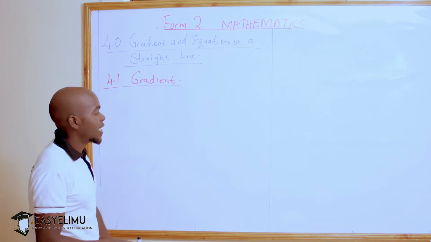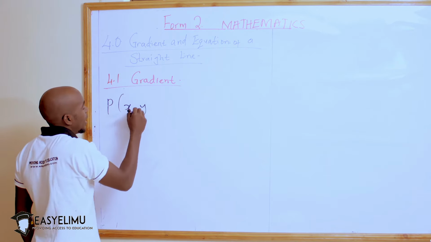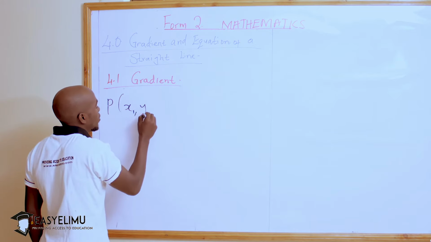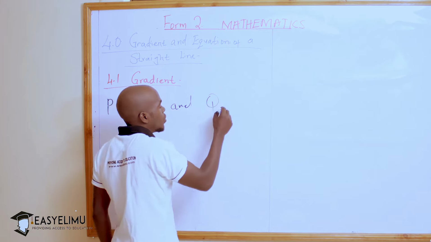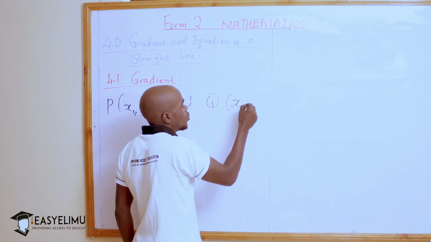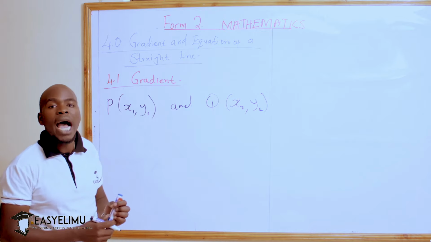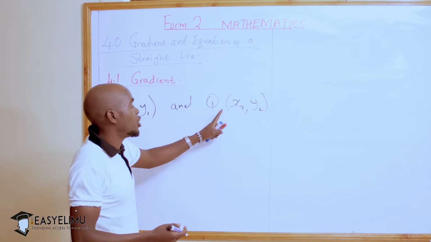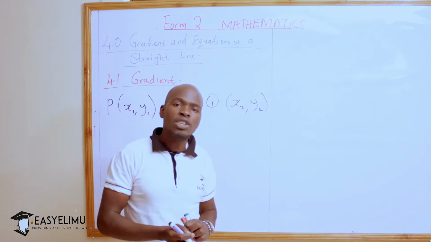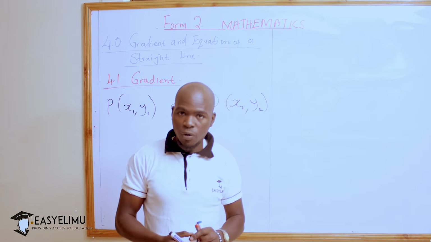In general, we can say that in case we have point P, which is (x1, y1), and point Q, which is (x2, y2), and a line passing through point P and point Q, and you are asked to find the gradient of that line, it's just simple to find.